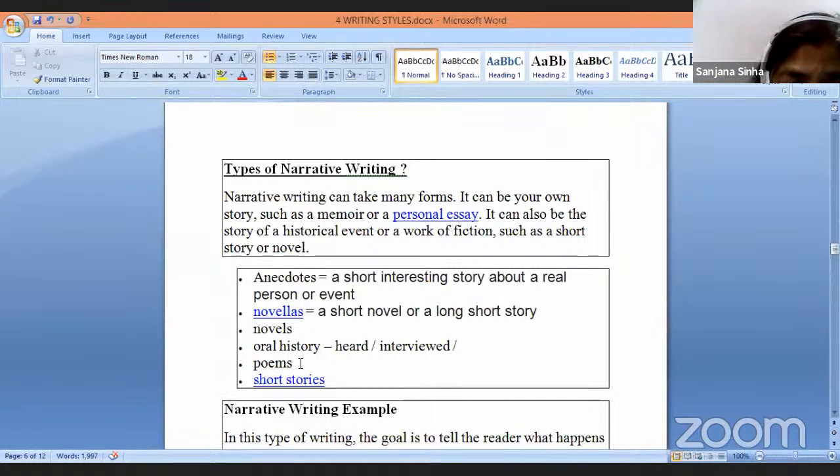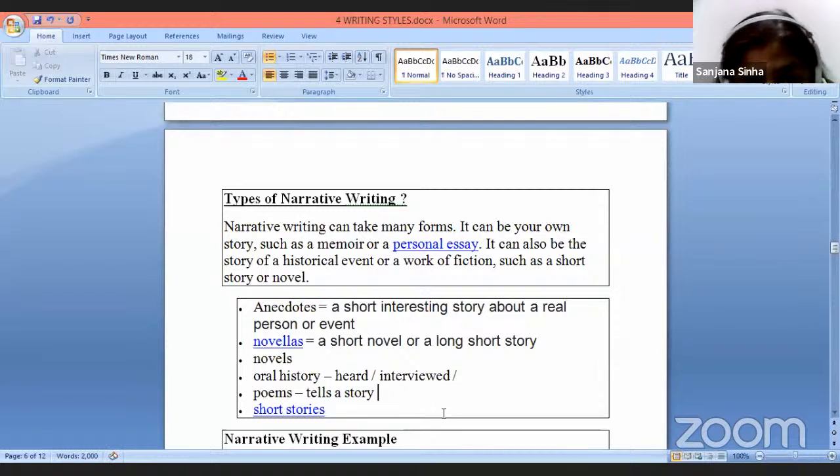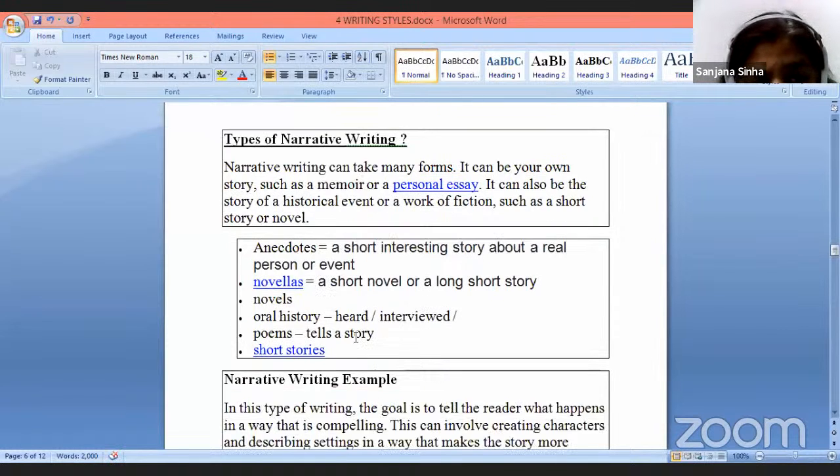And then another category of narrative style is poems. Every poem is a story, tells a story. Every poem will tell you a story. But the writing style is different.